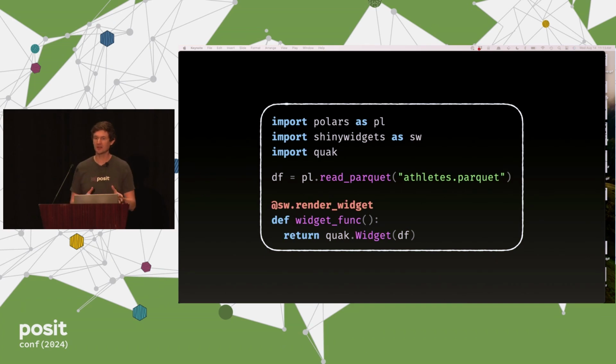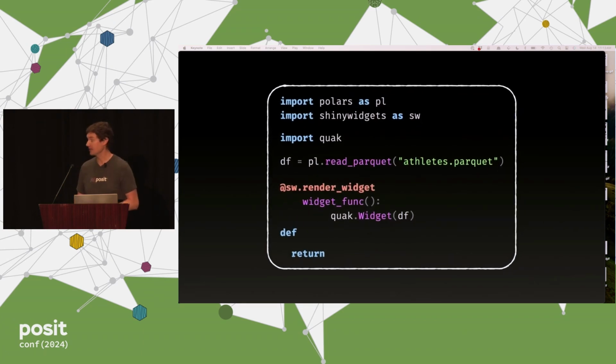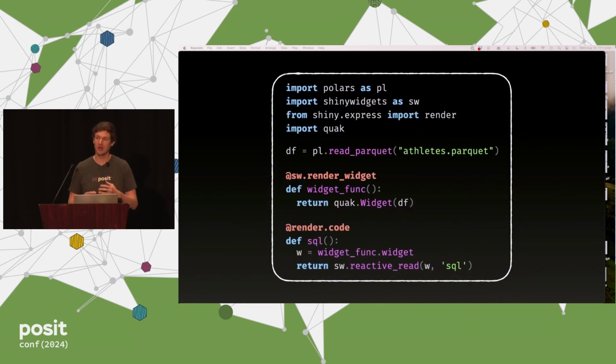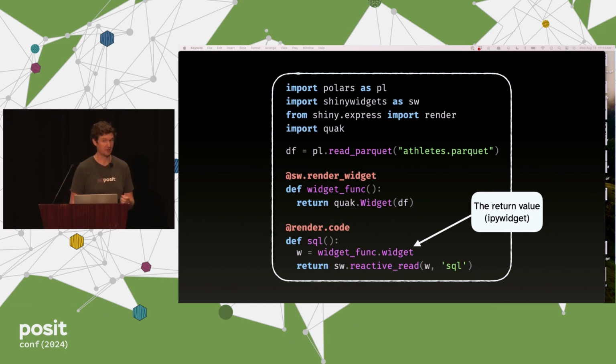Right, so let's go back to our simple Shiny app that just renders the table widget, and let's add another rendering function. Here I'm going to take the render.code decorator from Shiny, and create another output, essentially. The first thing that this rendering function is going to want to do is gain a reference to the widget that has been rendered.